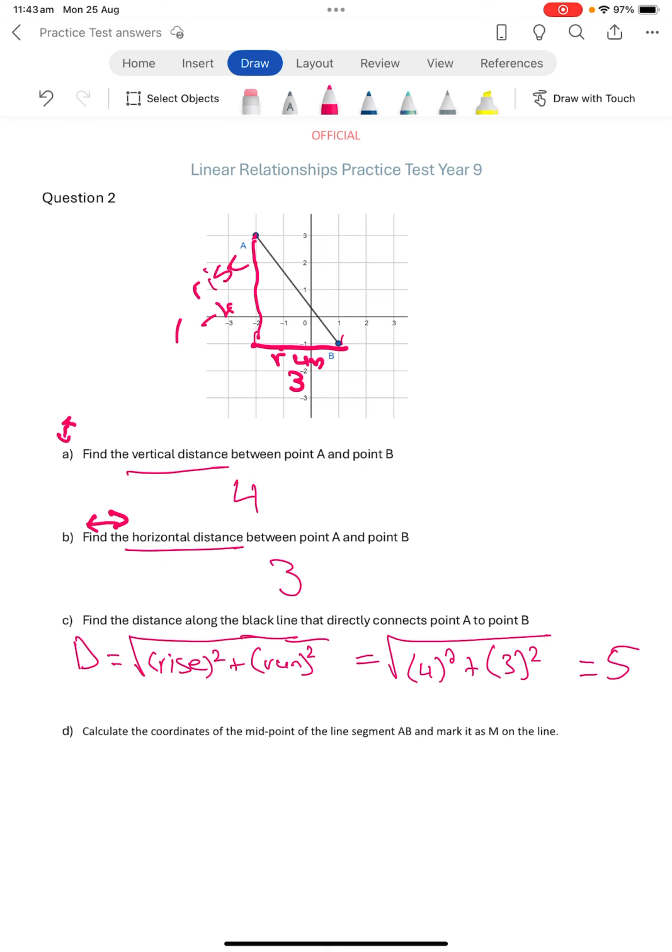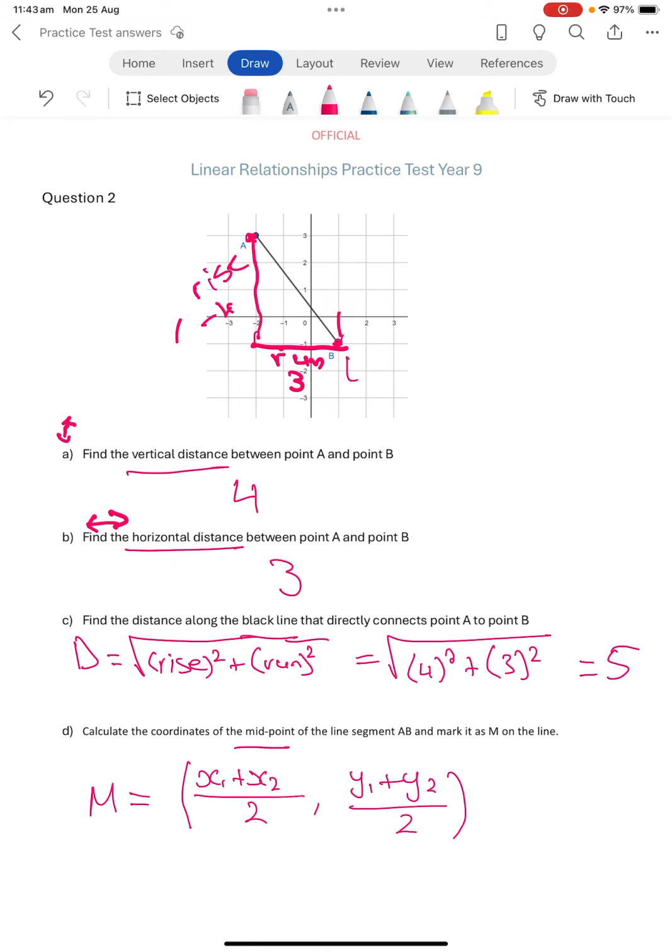Calculating the coordinates of the midpoint. Look, there's a couple ways you can do that, but we've been using this formula here. And in order to use this formula, I would have to mark A and B, like label the coordinates of each point.